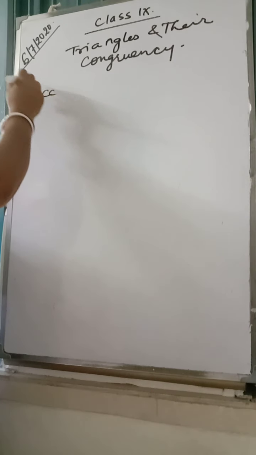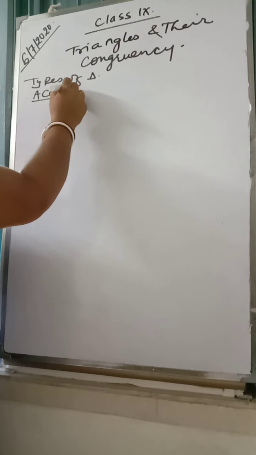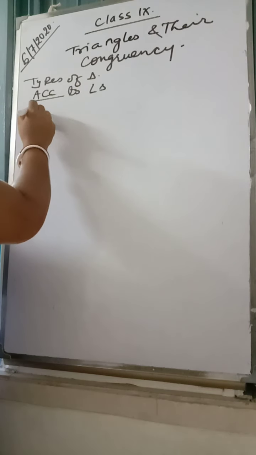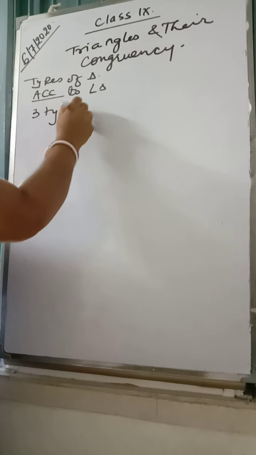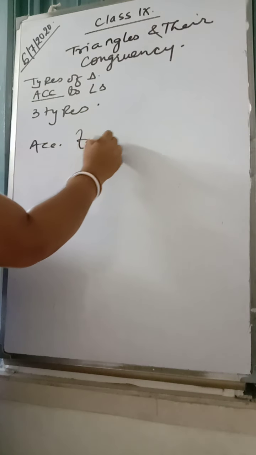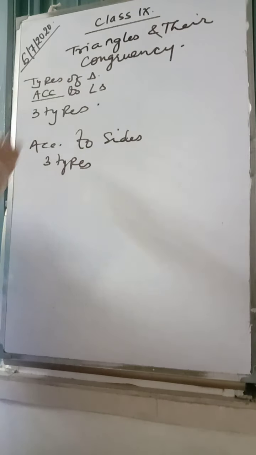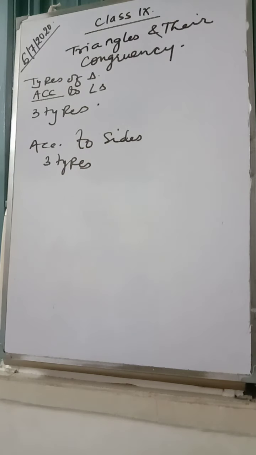There are 6 types of triangles: according to angles, 3, and according to sides, 3. According to angles, they are right angle triangle, acute angle triangle and obtuse angle triangle, and according to sides it is scalene triangle, isosceles triangle and equilateral triangle.